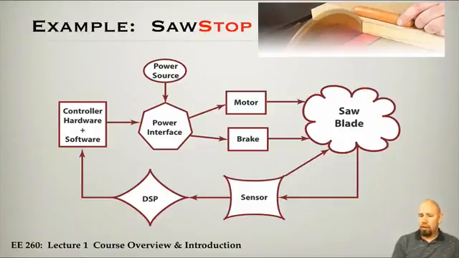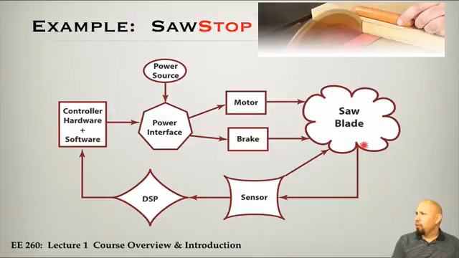Over here's our saw blade, and there are lots of different kinds of saw blades out there. This particular saw blade has a sensor, and the sensor injects a signal onto the saw blade and also measures that signal. So it applies something, it measures something. The DSP is constantly checking what's going on with all this.